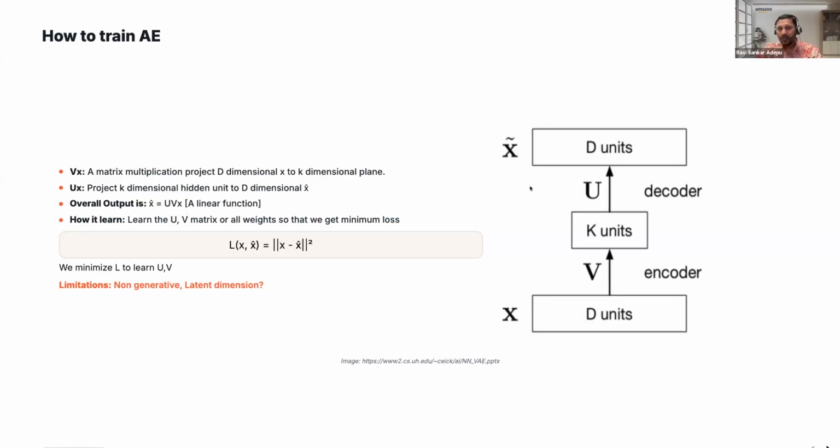The second is, how do you know what the dimension k should be? Let's say when you take MNIST, is the hidden dimension 20, 40? It is a hyperparameter, which we don't know. Both of these questions are exactly what a variational autoencoder can potentially answer.